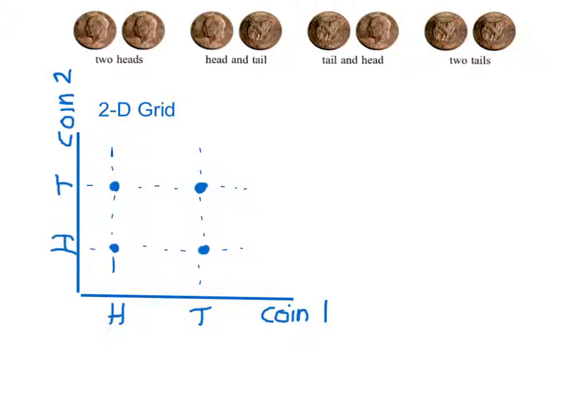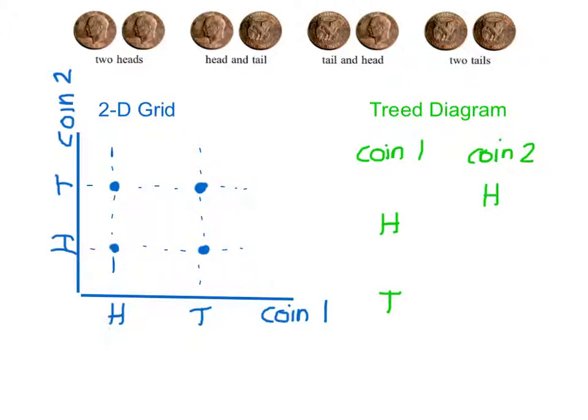Now let's take a look at a tree diagram. In a tree diagram, we're going to have 2 columns, one for coin 1 and one for coin 2. In the first column, we want to put all of the potential outcomes for coin 1. And if I flip a coin, I can get either heads or tails. And then, for each of those outcomes, we want to list all of the possible outcomes for coin 2.